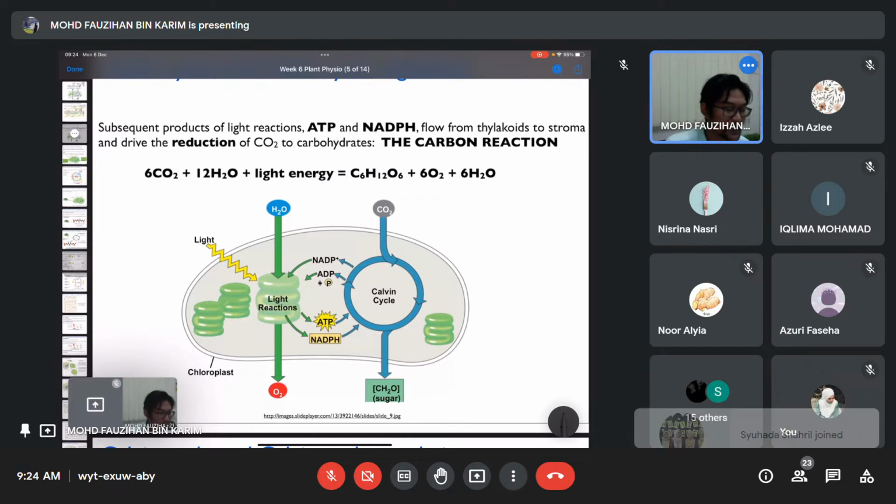So we have the equation here: 6 carbon dioxide, 12 water, light energy, carbohydrate, which is glucose, and 6 oxygen, and 6 molecules of water. I don't actually remember the equation, but I can tell you why it is 6 carbon dioxide, why 12 molecules of water, why carbohydrate, and 6 oxygen.